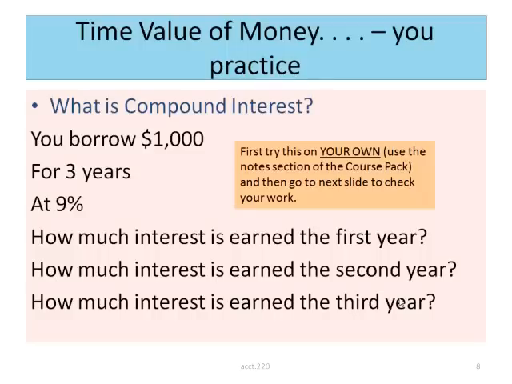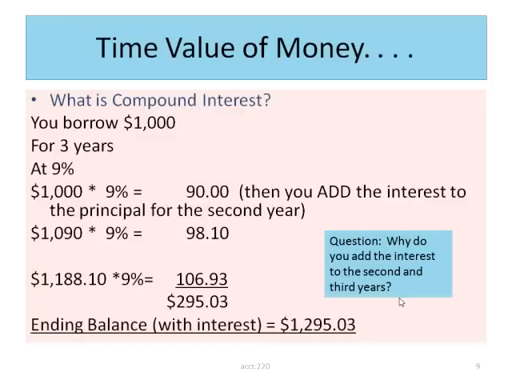But the second year, you've essentially borrowed the $1,000 plus the interest that you have not paid yet. So when you apply that 9%, you're going to apply it not against $1,000, but against $1,090. You're going to calculate interest on that, and you're going to get $98.10 for the second year.